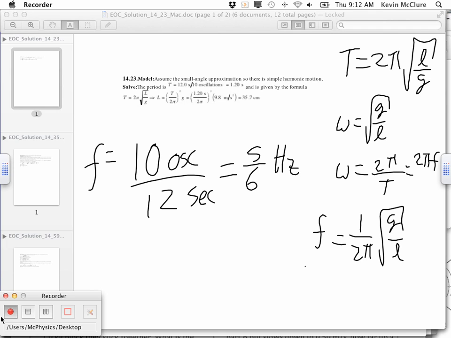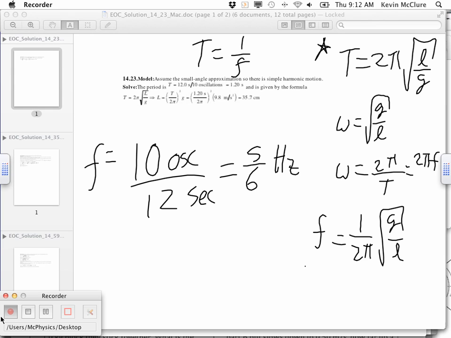So you can either take this one and solve it for L, and then remember that T is 1 over F, or you can just take this one, which I think might be in your book, solve this for L, whichever one you want to do.